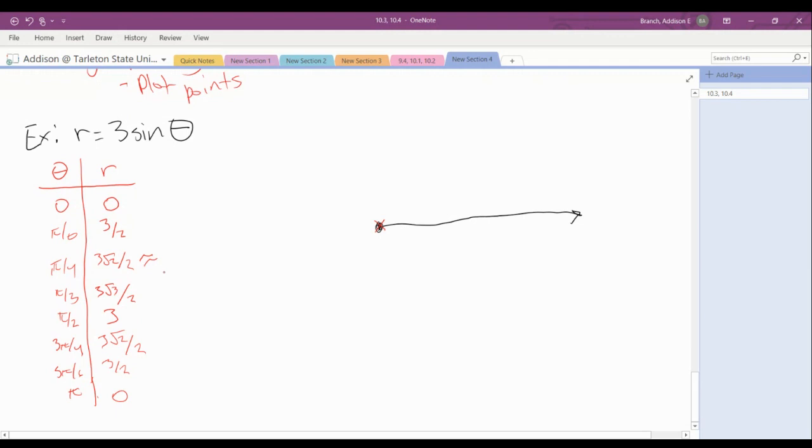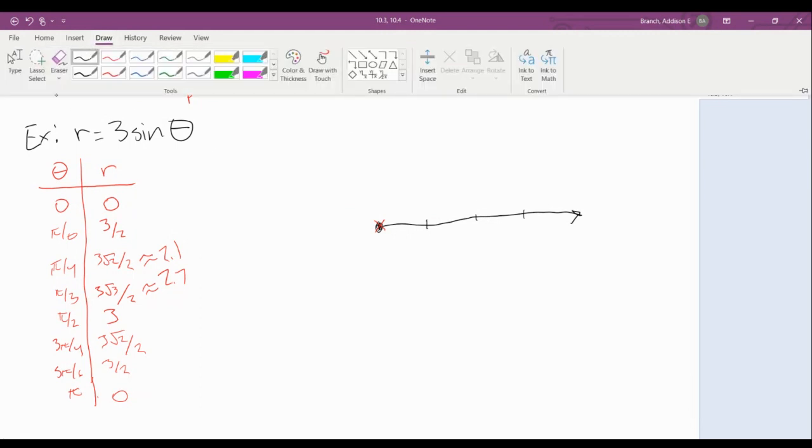We're going to approximate 3 square root of 2 over 2 to be 2.1, and 3 square root of 3 over 2 to be 2.7. Let's draw some units just so we can see: 1, 2, 3. That looks good.